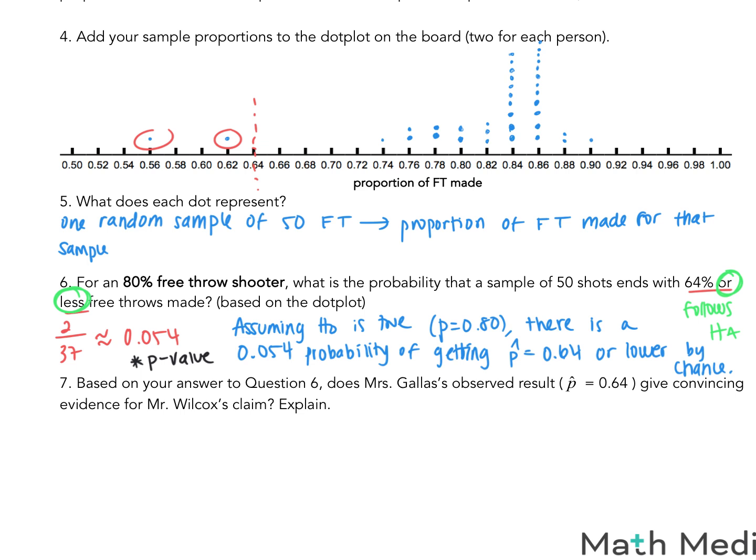So even if she's an 80% free throw shooter, she would get a sample proportion of 0.64 or less just by chance.